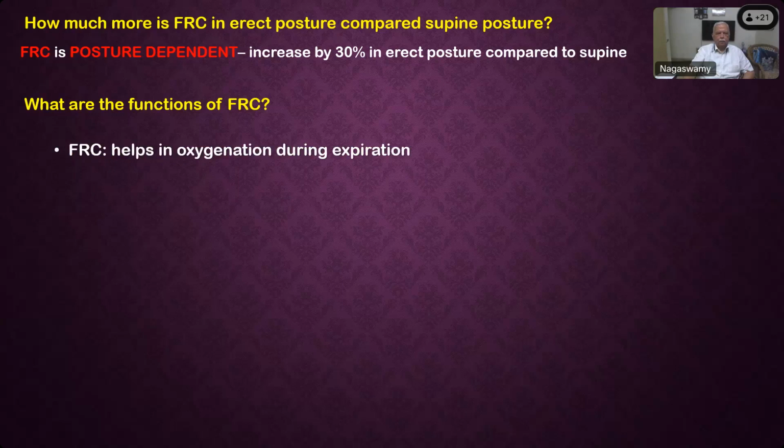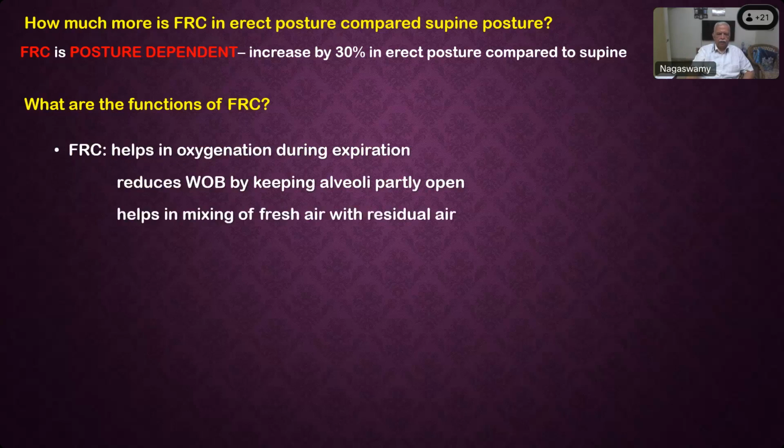Then, it reduces work of breathing by keeping the alveoli partly open. Every time if the alveoli totally collapse and then they have to open, it will require more effort on the patient. So work of breathing is reduced by keeping the alveoli partly open. It helps in mixing the fresh air with the residual air, so that there is a uniform absorption of the gases.